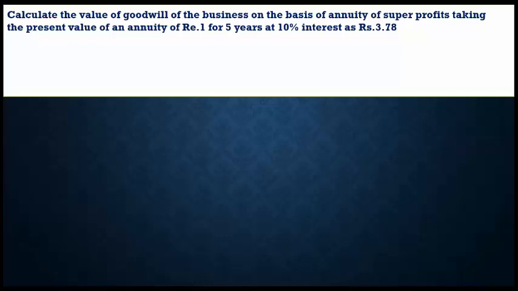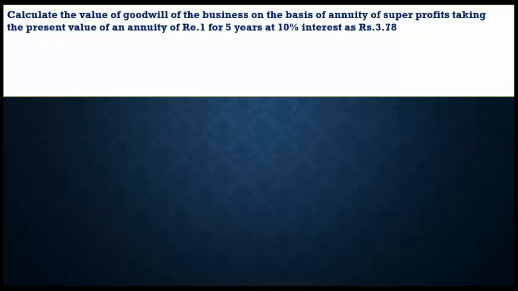Rupee 1 at the beginning of the year will become rupees 3.78 after 5 years at the rate of interest 10%. In this problem, he asked to calculate the goodwill under annuity of super profit.